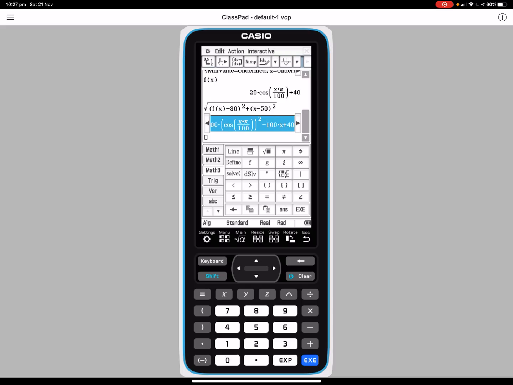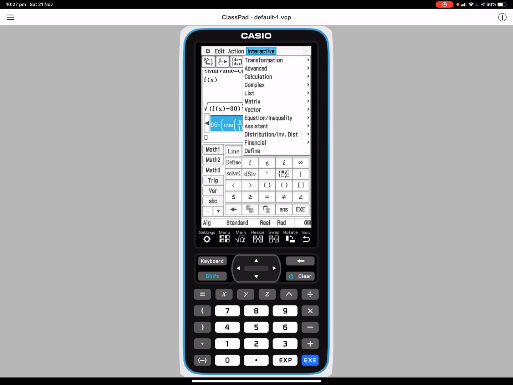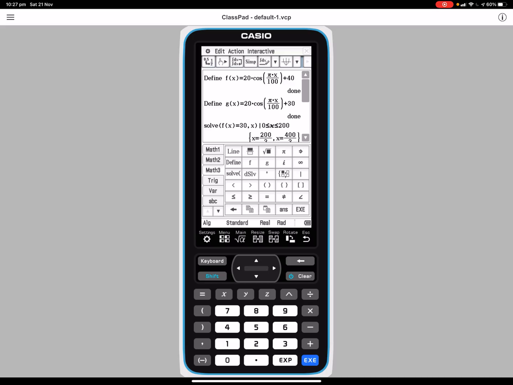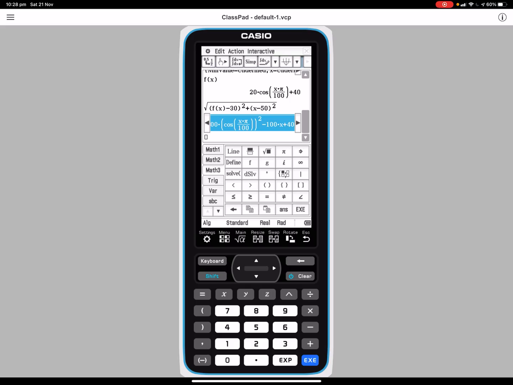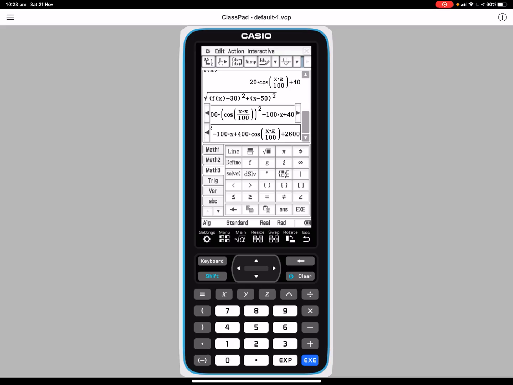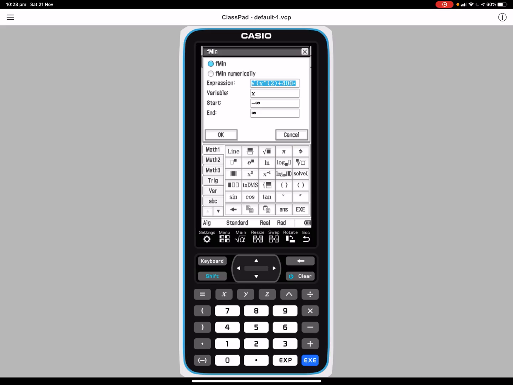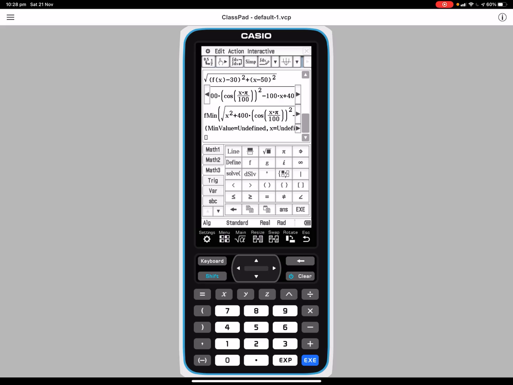We want to find when the distance is a minimum, because that all looks right. fMin, let's try it between 0 and 100 now. Okay, that's better.